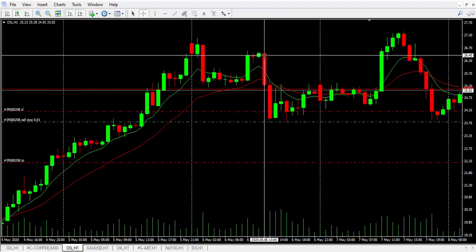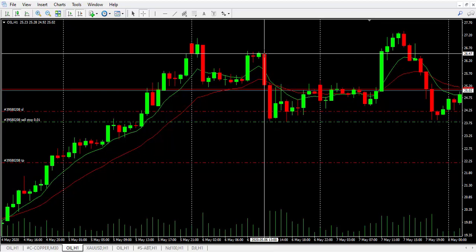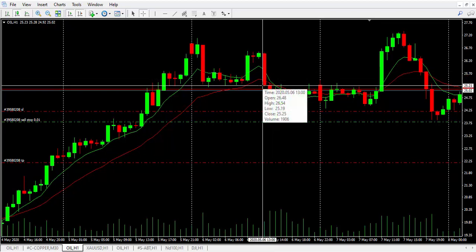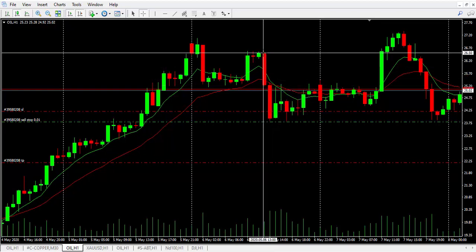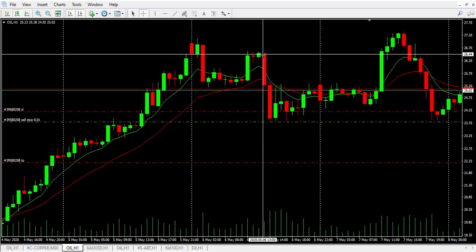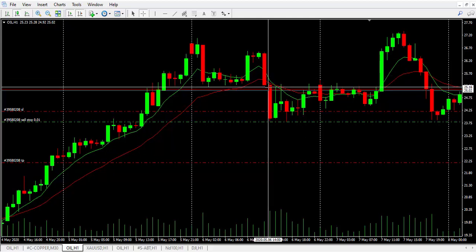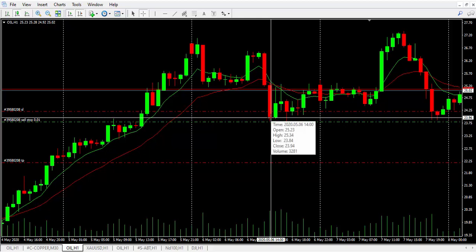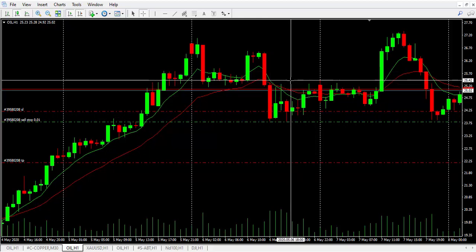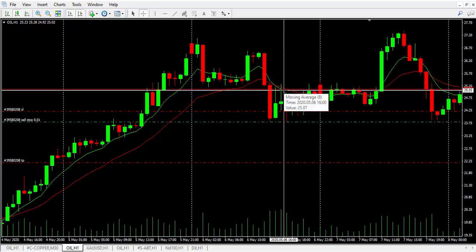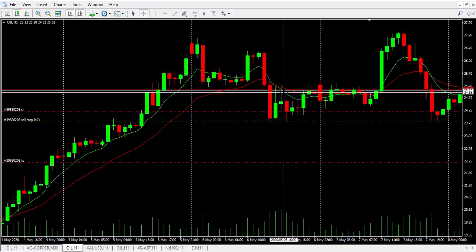The price, you can see here, 26.47. This candle has closed on 25, almost $1 or more than $1, I think. And still the price falls to 23.96, and we get a signal here after that, and the price bounces back. Okay, so that is why we call it a lagging indicator.